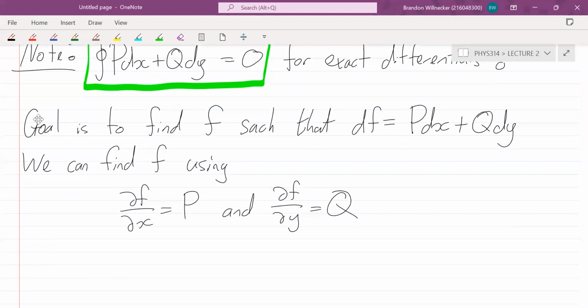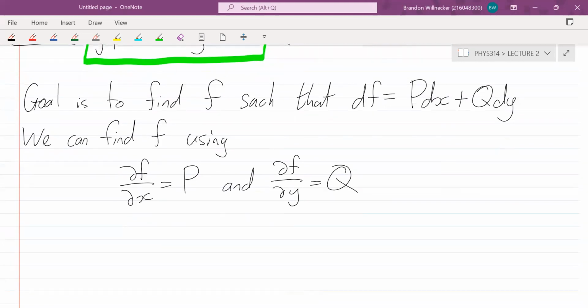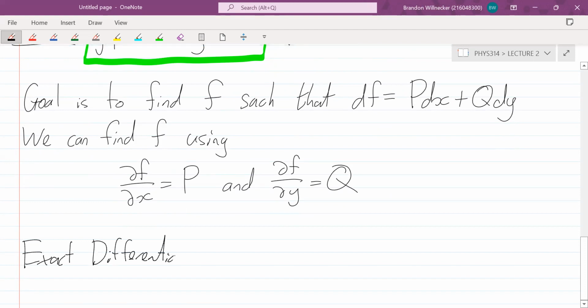Okay, so all of that is with exact differentials. Now, exact and inexact differentials, it's a bit hard to tell which one's which just by looking at the form of it. So we use the following notation for exact differentials: df is equal to P dx plus Q dy.